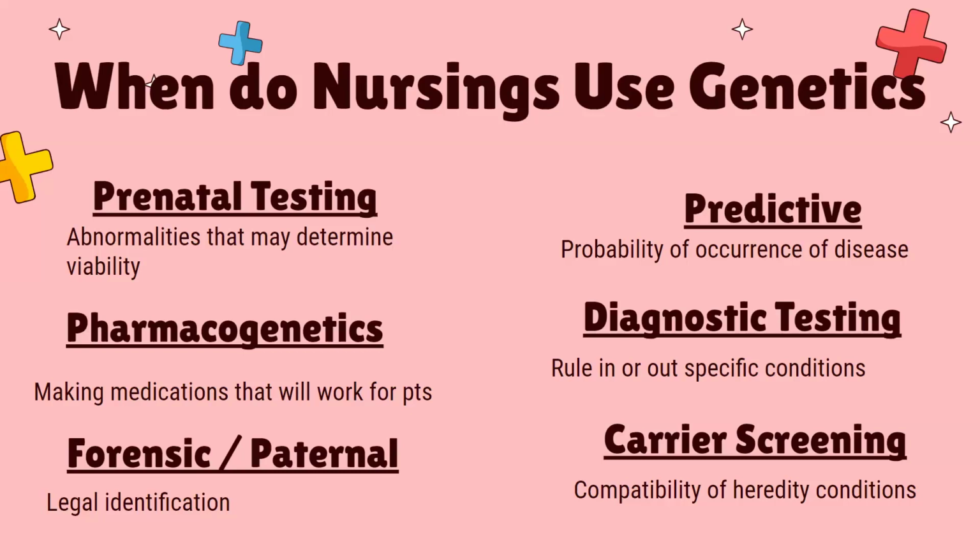So we do carrier screenings for things like color blindness, because women are much less likely to be colorblind because the colorblind trait is linked on the X chromosome, so women can often be carriers for color blindness that would present especially with a male son.